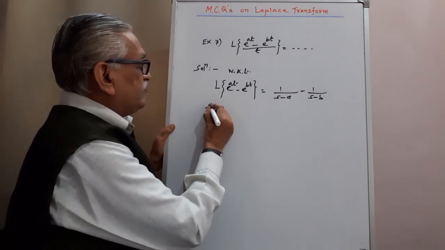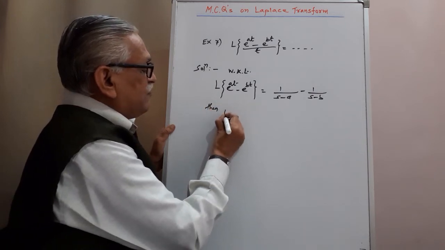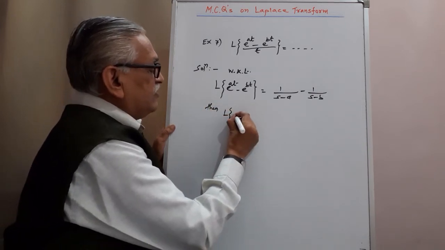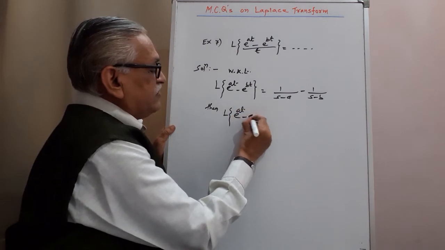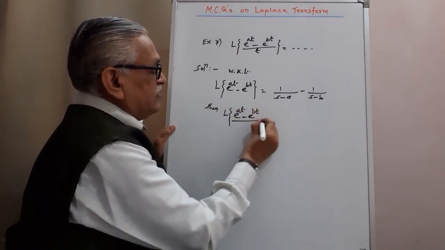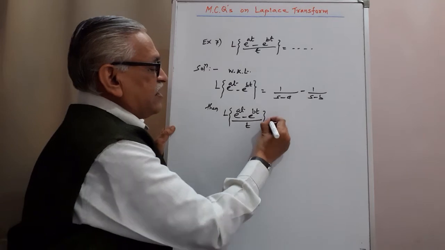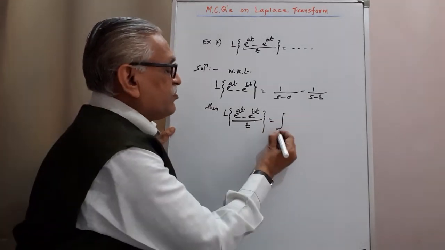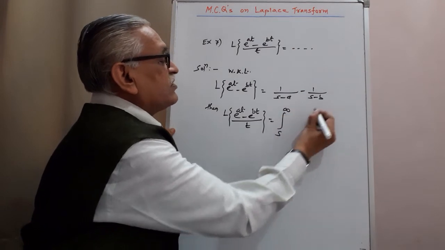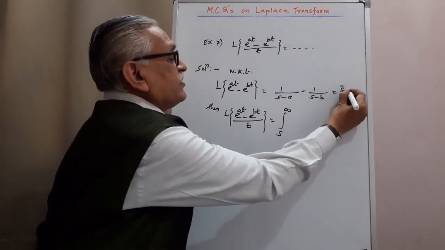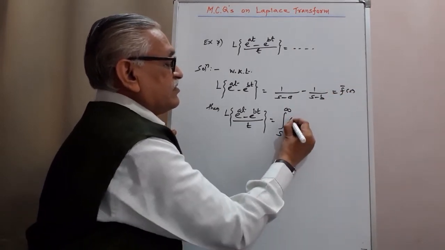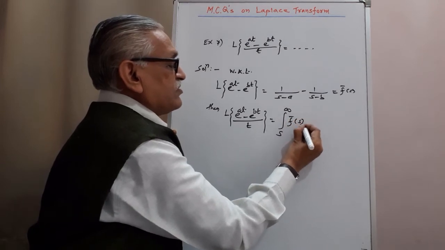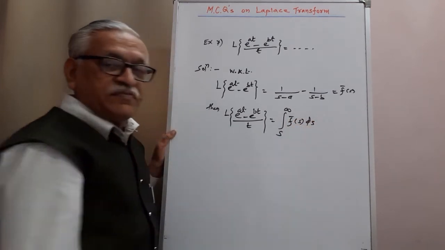Then the Laplace transform of e raised to at minus e raised to bt divided by t, as per that theorem, is the integration from s to infinity of f bar of s with respect to s. We call this f bar of s, say.